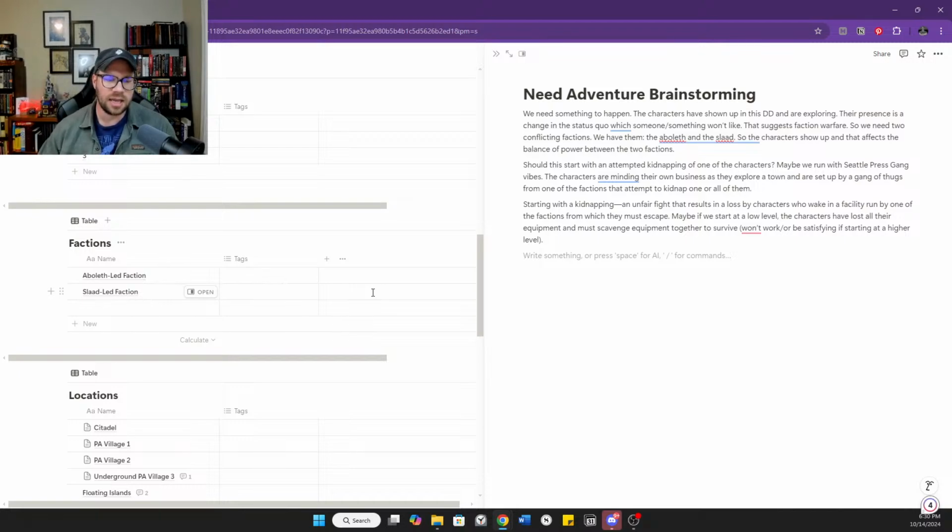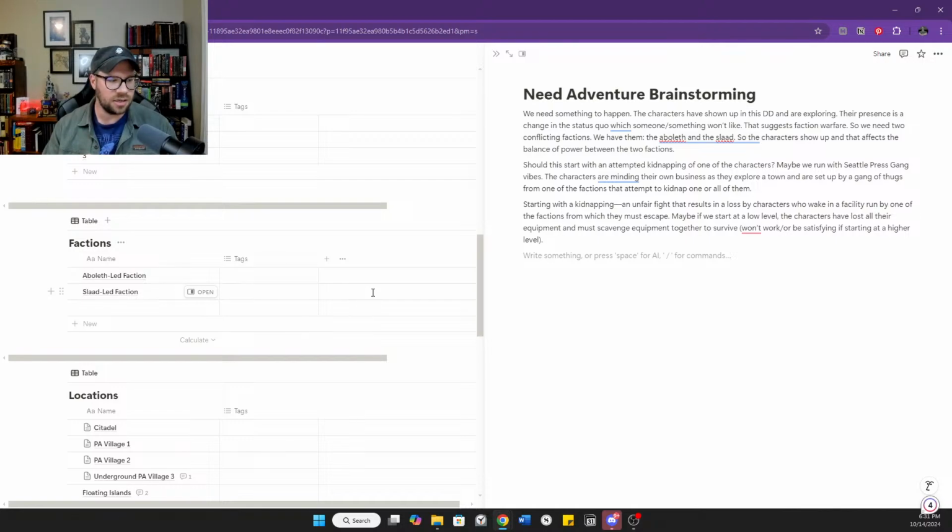I say this because if these two factions are in opposition with each other, and one of them is the bad guy for this, that means the characters are automatically going to be more favorable, more forgiving of the other faction.